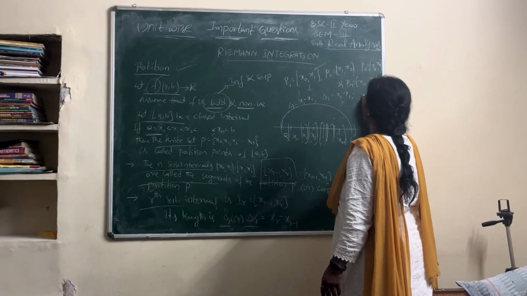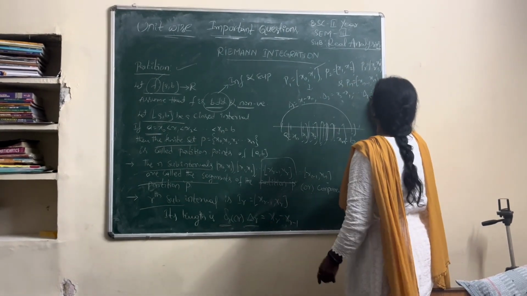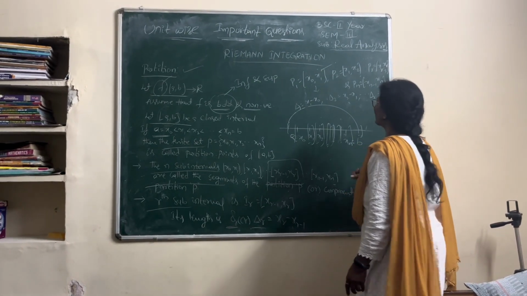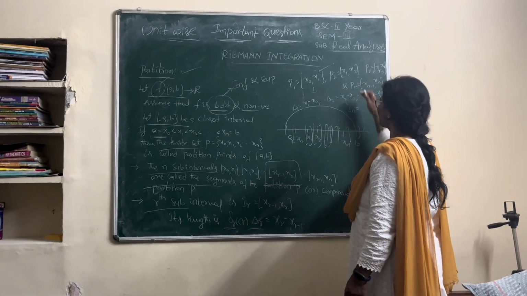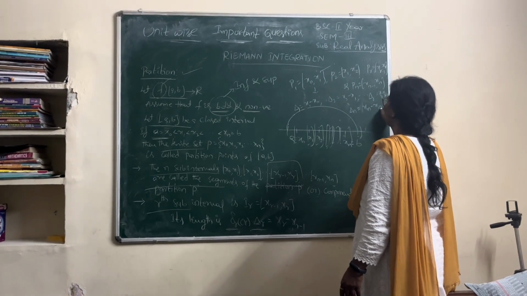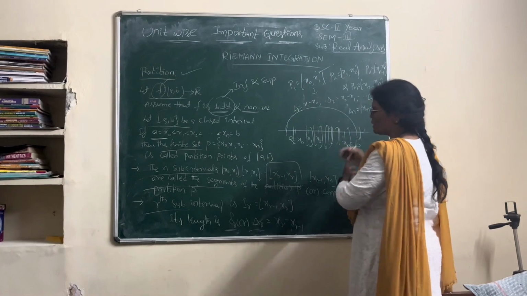So on, delta r we already discussed, xr minus x(r-1), and delta n, the length of the nth subinterval, is xn minus x(n-1). So length we can define like this.